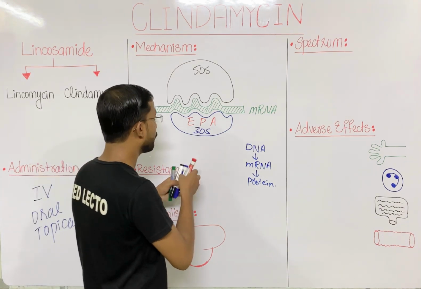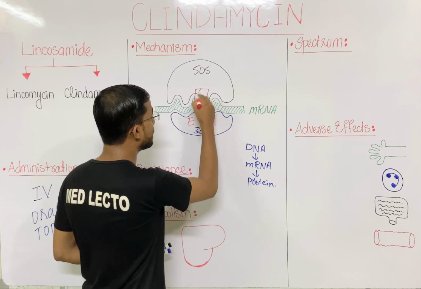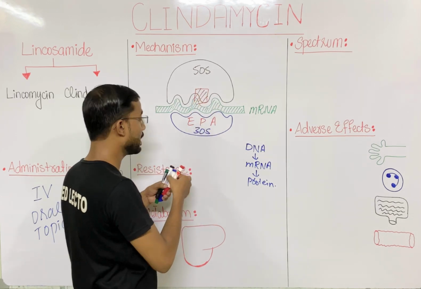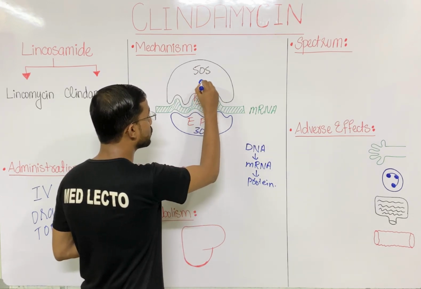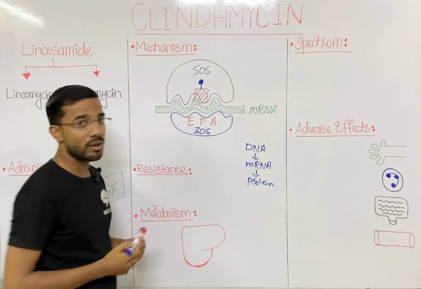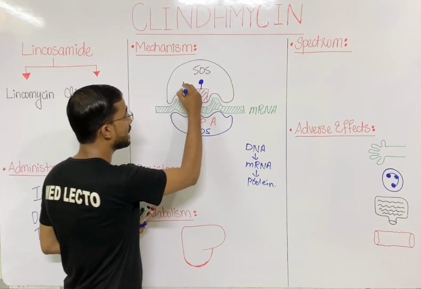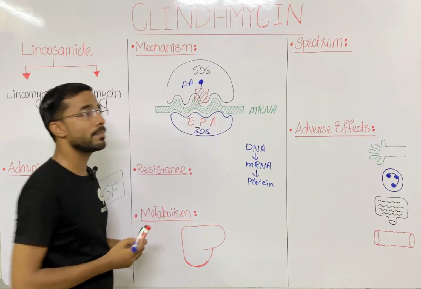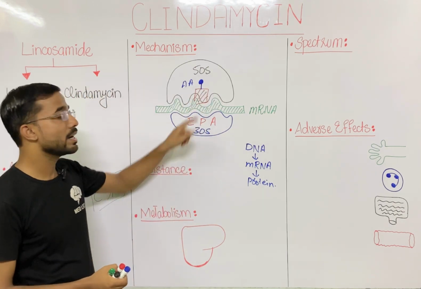Okay, so first of all, here is the transfer RNA, and you will see the association of the amino acid with the transfer RNA. Here is the amino acid that binds with the transfer RNA.